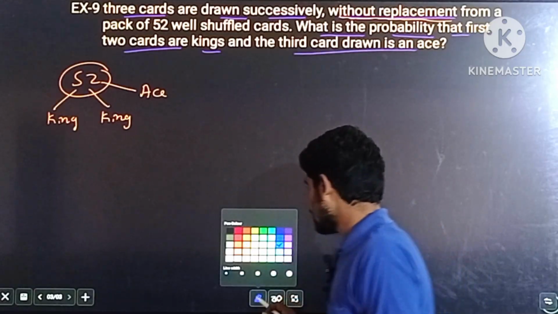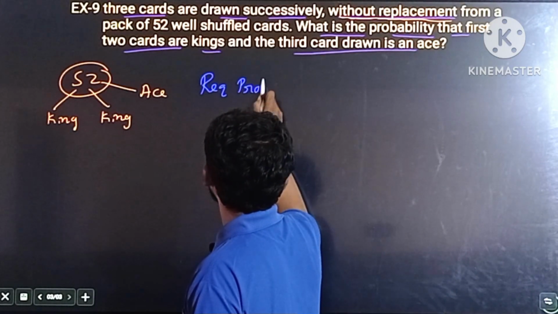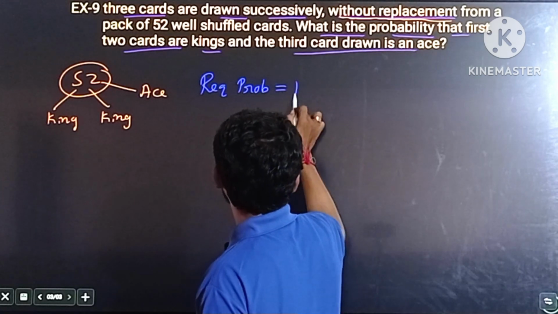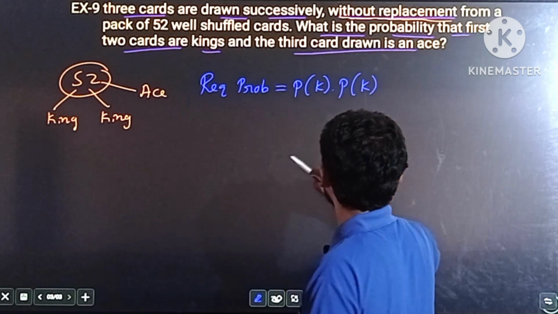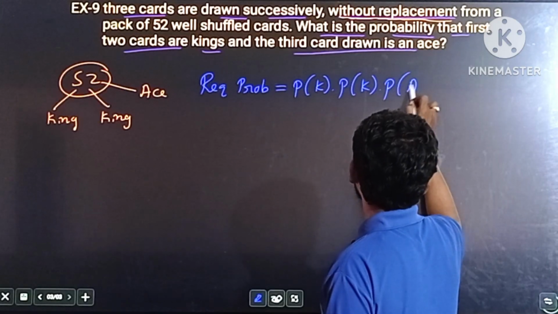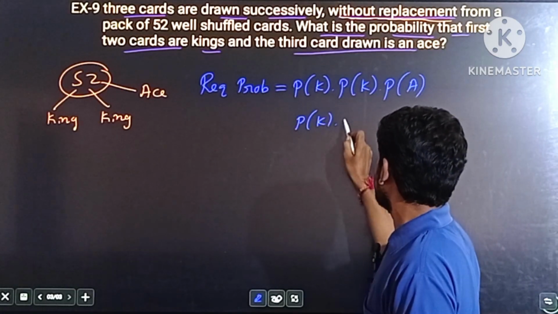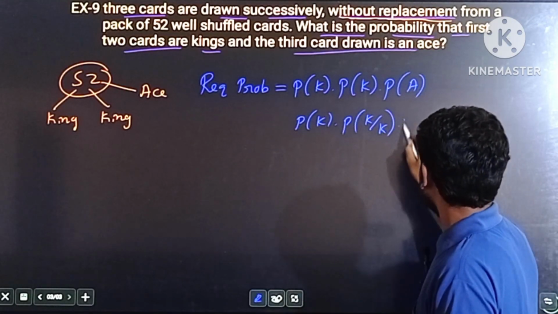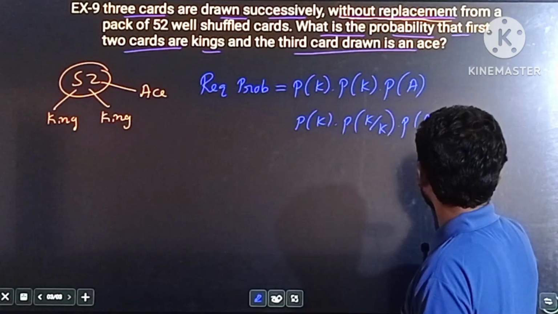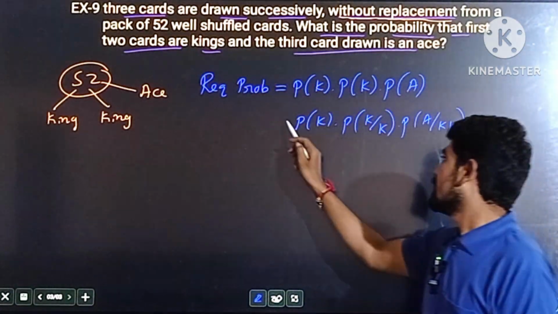Therefore the required probability is the probability of the king card into the probability of the king card into the probability of the ace card, or you can write it as the probability of a king card into the probability of a king card given that the first is a king, into the probability of an ace card given that the first 2 cards are kings. I hope all of you understood.